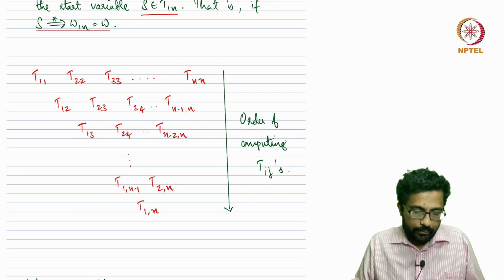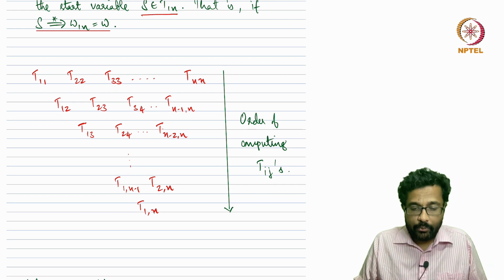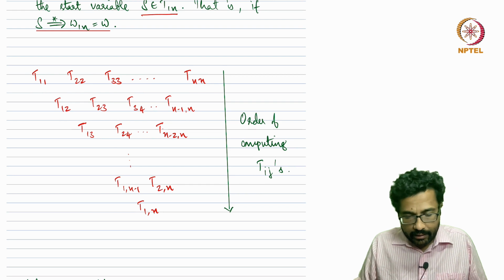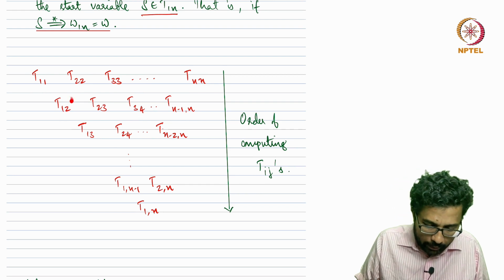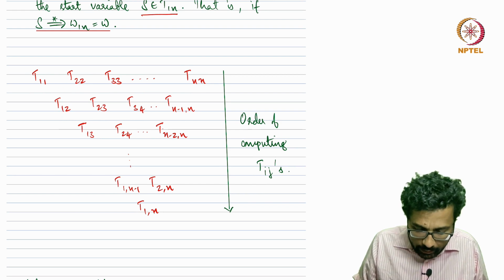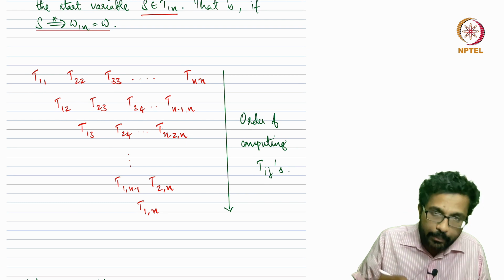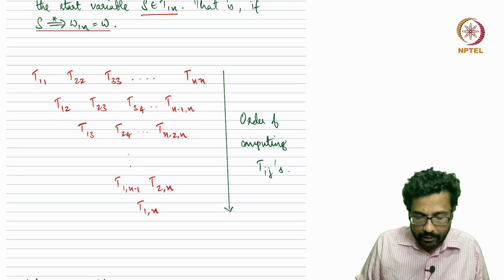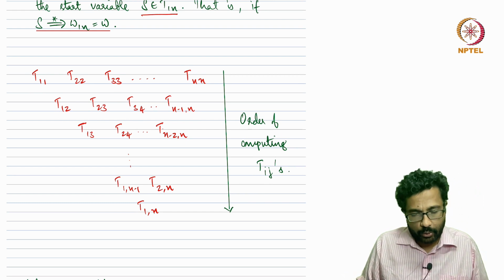We first compute the sets in the first row, T11, T22 and so on. Then T12, T23, T34 and so on. When we compute T12, we will make use of the sets T11, T22. When we compute T13, in the third row, we will make use of the previously constructed sets, T11, T23, T12 and so on.